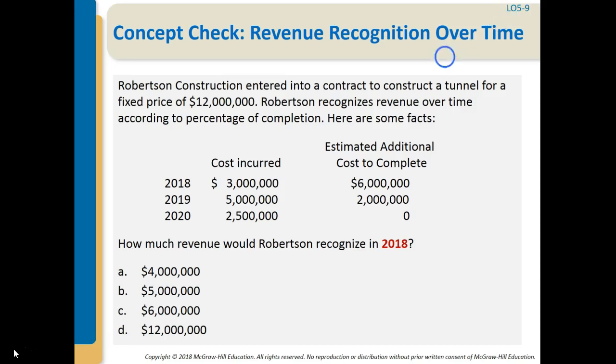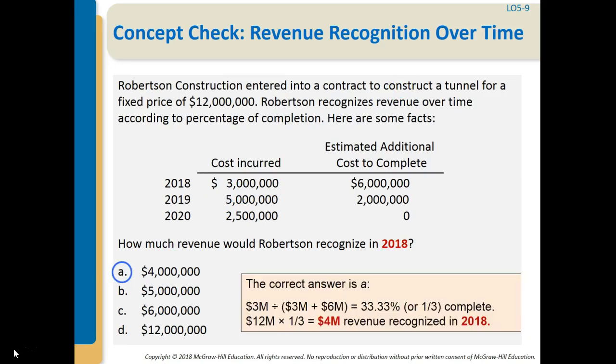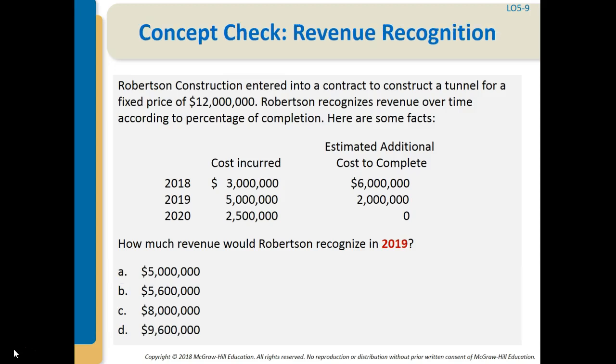So in 2018, we would recognize $4 million of revenue, which is basically the $3 million divided by the $9 million, or we've got 33% complete. If the full project is $12 million, then 33.33% would be $4 million that would be recognized in 2018.